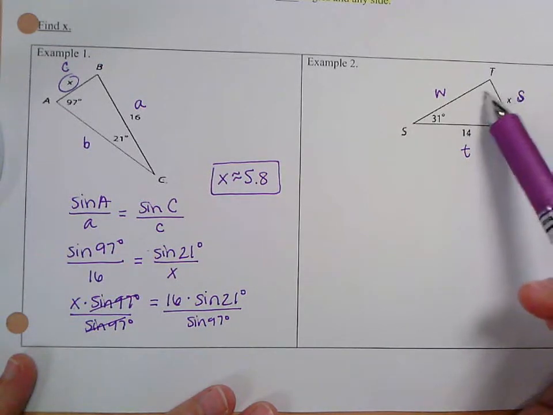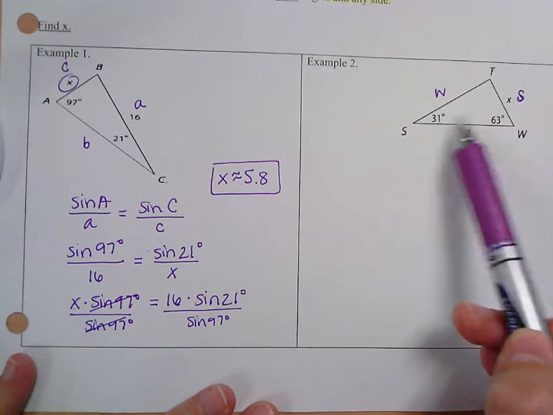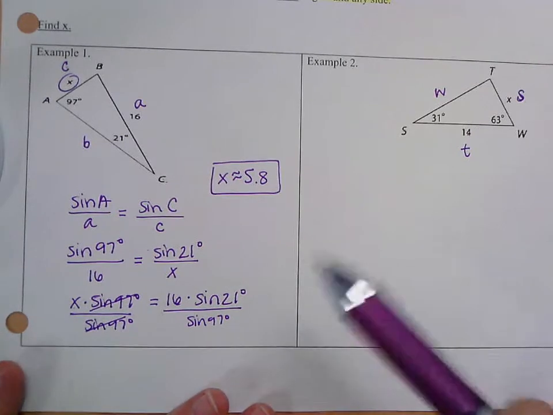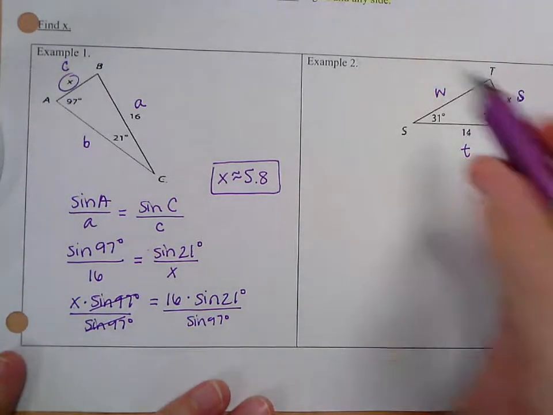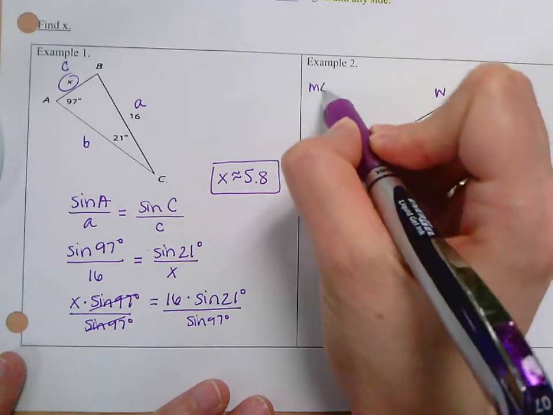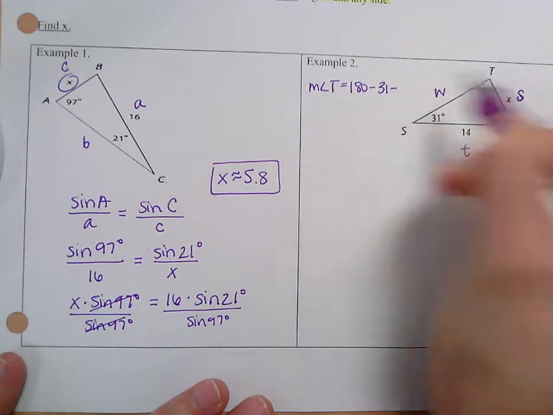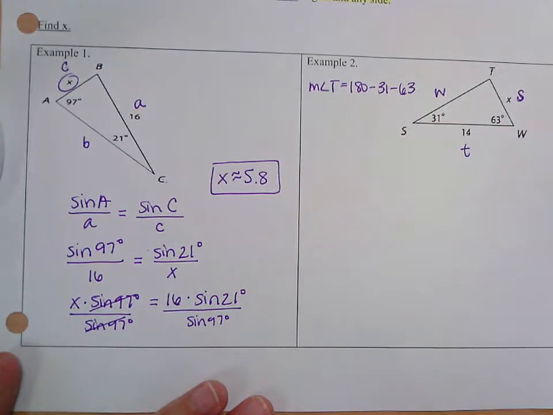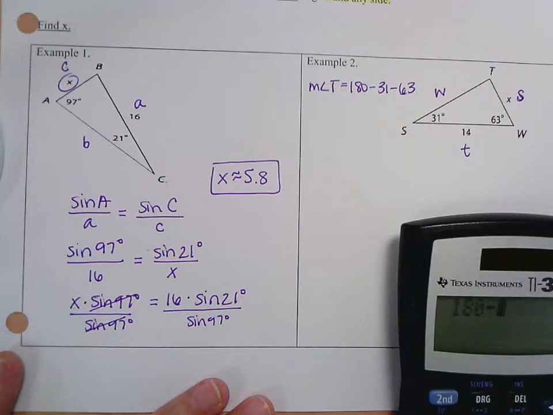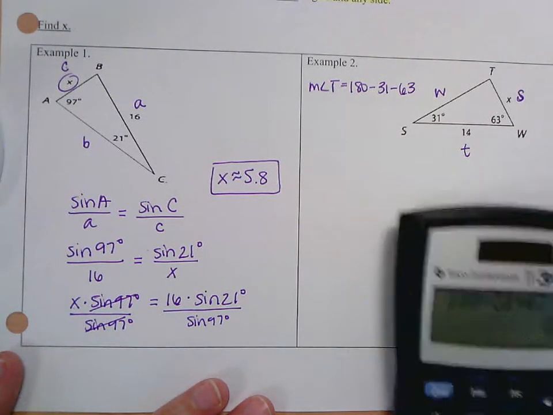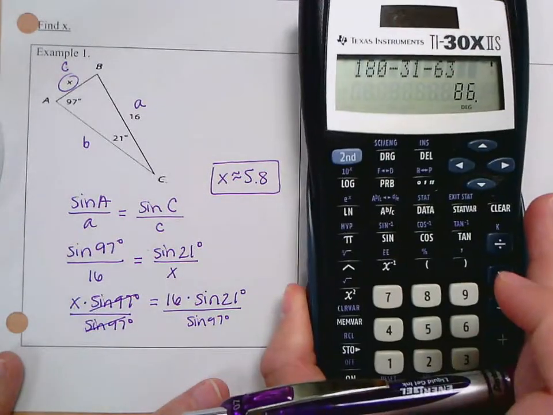Yes, we could find angle T by adding these, subtracting from 180, or just subtracting them both from 180. So the measure of angle T will be 180 minus the 31 minus the 63. So 86 degrees.